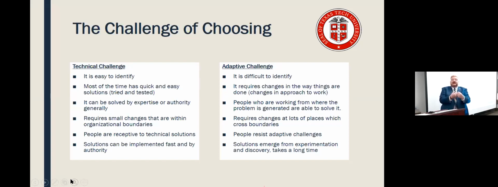So when we think about these challenges, we can think about them in terms of what is my expertise, my knowledge, my capacity. Those are the technical challenges. When we look at adaptive challenges, I may have some insight, but I know that others have the larger capacity to solve those challenges.